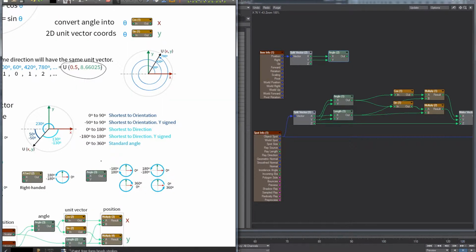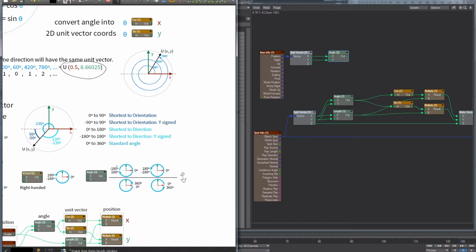So if I have round off, I will have a range between minus 180 and 180. If I have round on, I will basically have a standard angle that goes from 0 to 360.